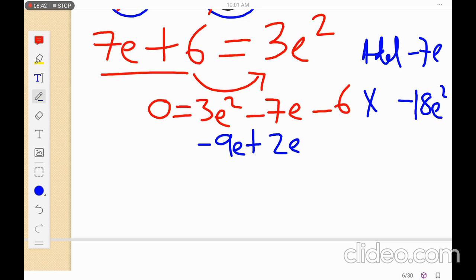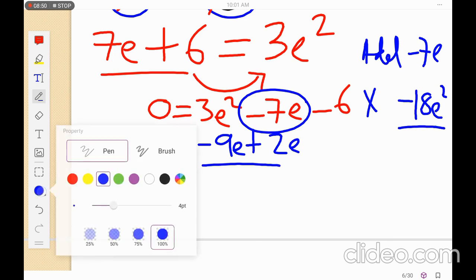So when I add, I'll have minus 7e. When I multiply, minus 9 times 2, I'll get minus 18e squared. Yes, that's correct. So let's use that one.